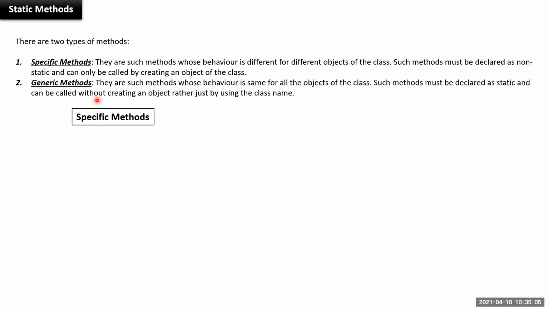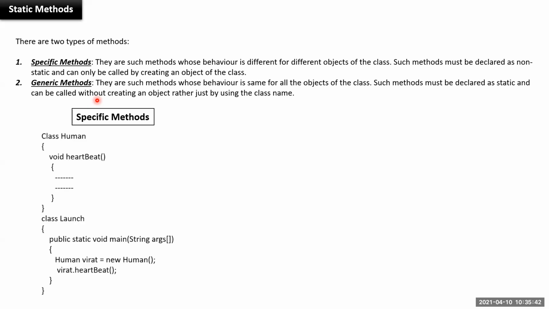You might know the average heartbeat of a human being, but you don't know at this particular moment what is the heartbeat of Virat Kohli. It might be a little bit high because he's playing, or maybe a little bit relaxed. Anything can happen, correct? So when I'm asking you for the heartbeat of Virat Kohli, I'm being specific. That's a non-static method. If you write a method to calculate the heartbeat of Virat Kohli by taking an input from Virat Kohli, it becomes specific.